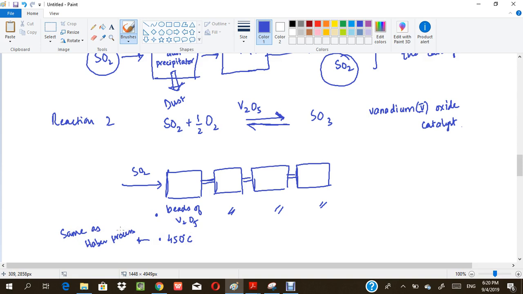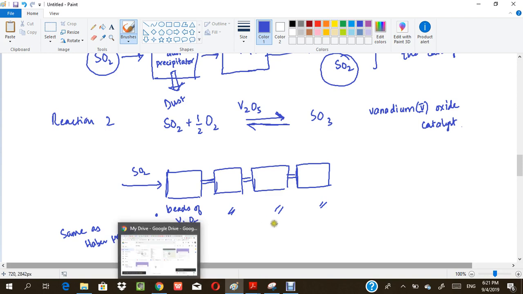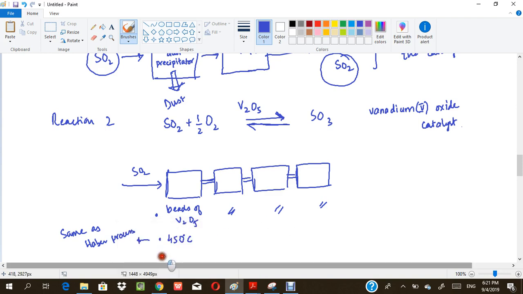And we need a high pressure as well. But the pressure requirement here is 1/100th of the pressure requirement of the Haber process. In the Haber process, we needed 200 atmospheres pressure. Here, we need a pressure of 2 atmospheres only. Right?